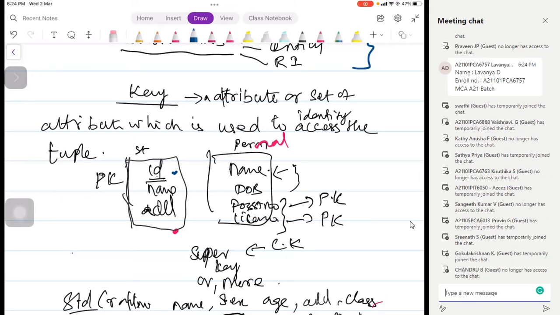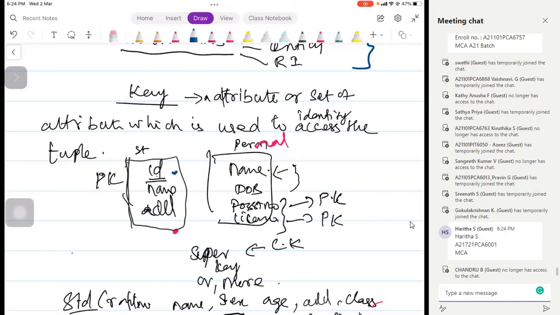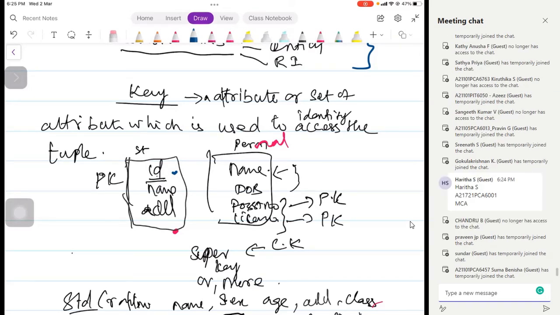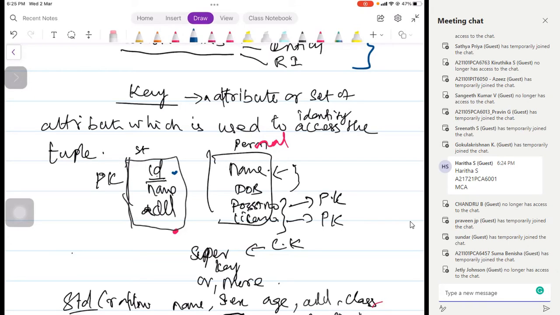Name is our key, isn't it? Then only we respond to them. So call X, call B, call Y. So X will respond, Y will respond, B will respond. So this is the identity of a particular person. Name is the identity for a particular person.